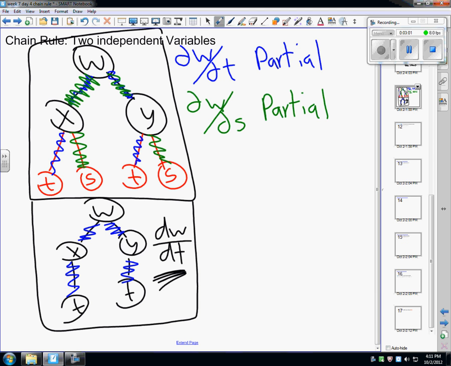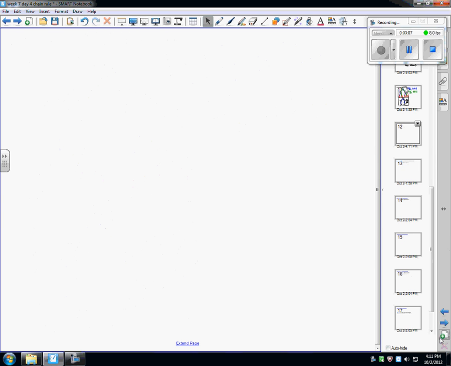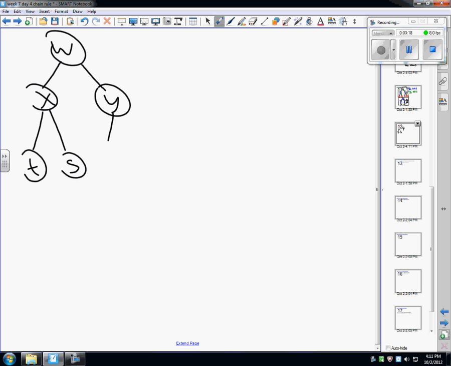So in this, let's take a look at it again by trying to look at this tree and set up what they could be. So again, if I had the W goes to X, goes to Y, goes to T, goes to S, goes to T, and goes to S. Okay, let's take a look at one.